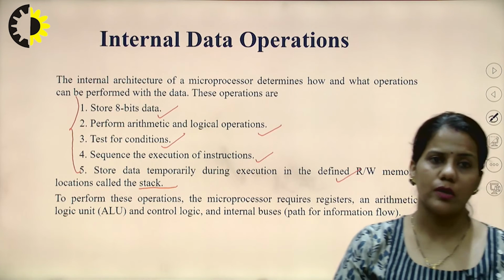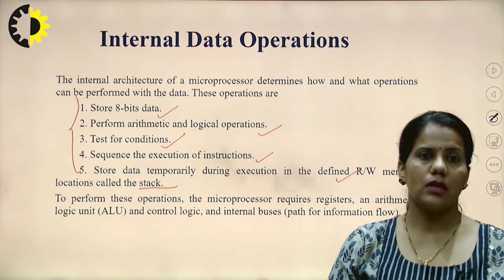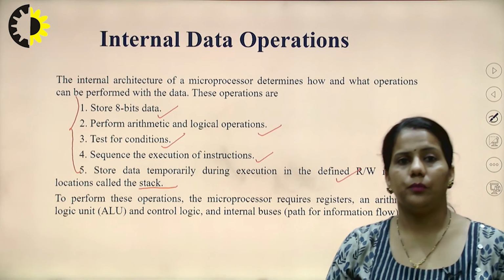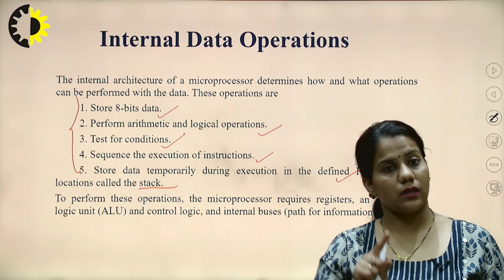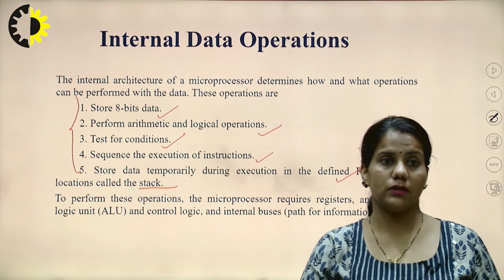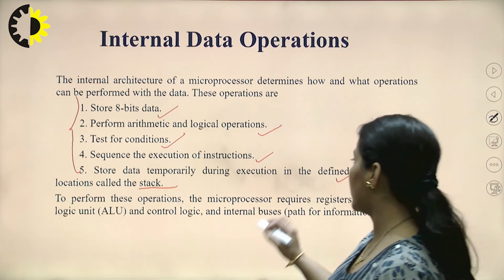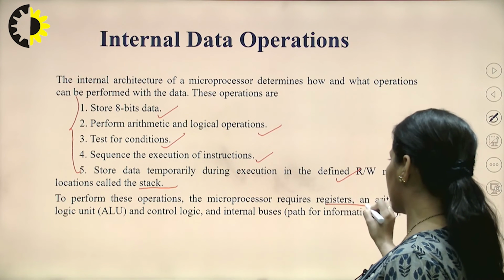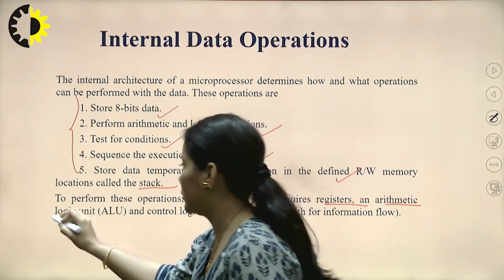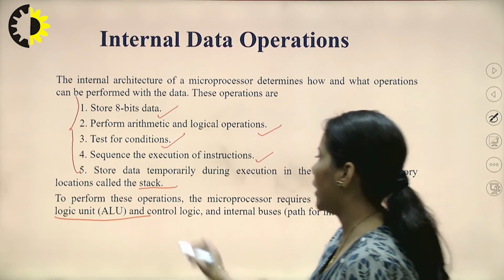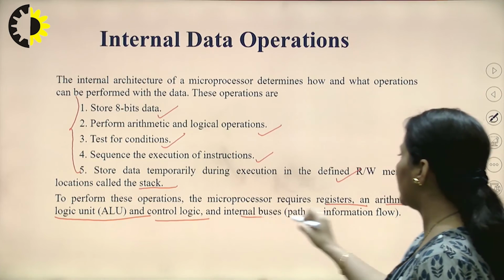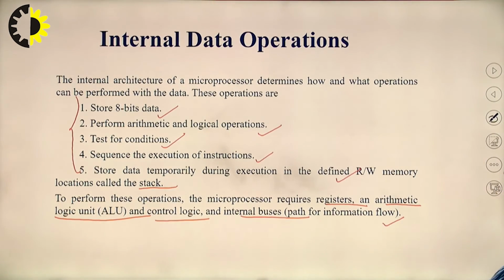These are very important operations which are performed by the microprocessor and which are related to the data within the microprocessor. And again, to perform these operations, the microprocessor requires registers, arithmetic logic unit, control logic, and internal buses, that is the path for information flow.